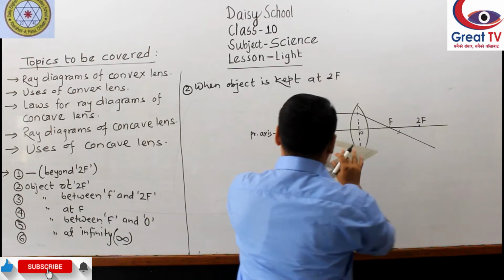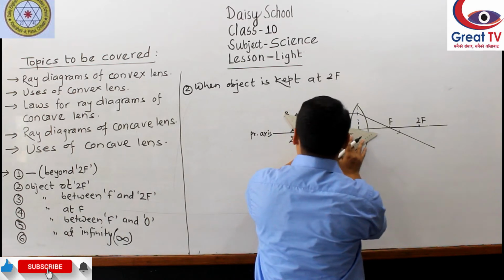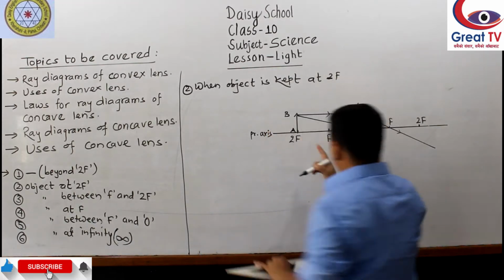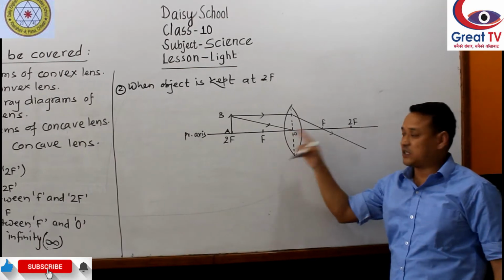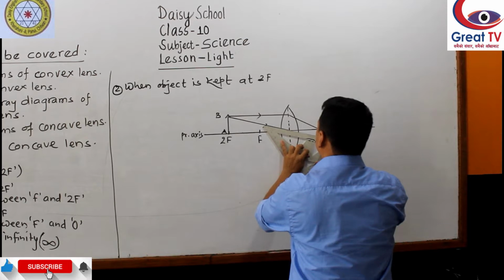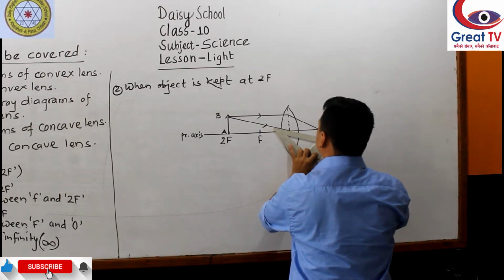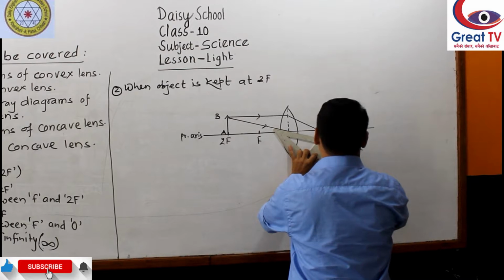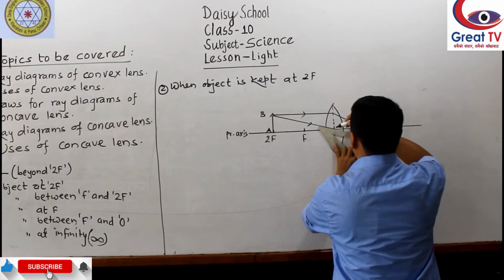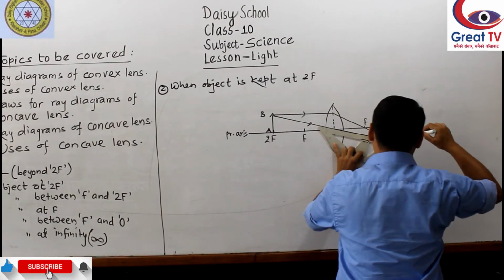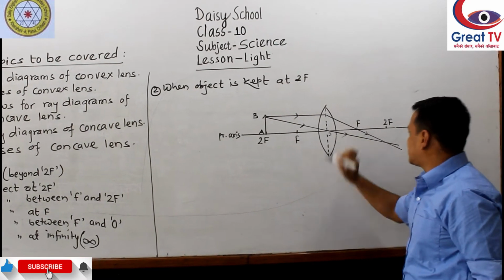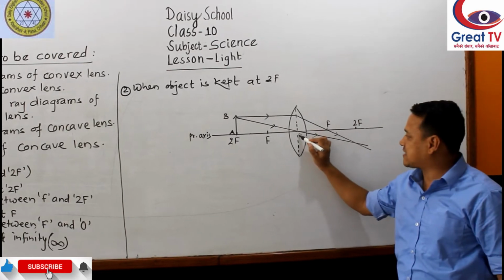So here, from the head of the object to the optical center, when the ray of light is incident on the optical center, it passes without bending.